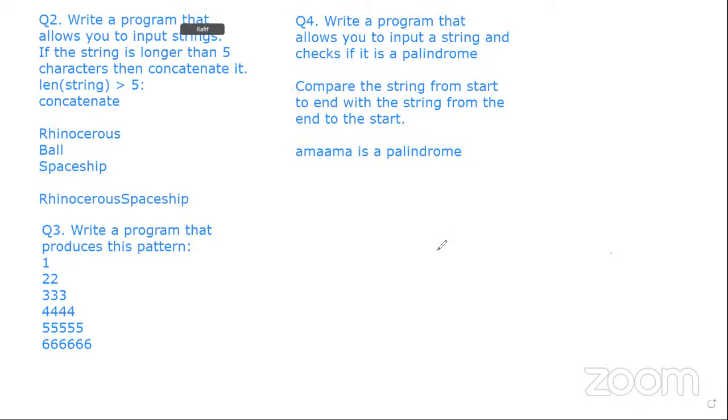Okay, so for those of you in question 4 that don't know how to get the string from the end to the start, there are ways to do this. The way that you know how to do it is you use a loop.